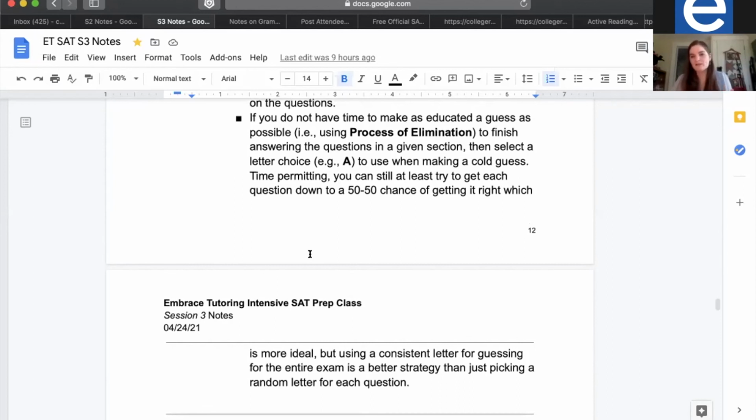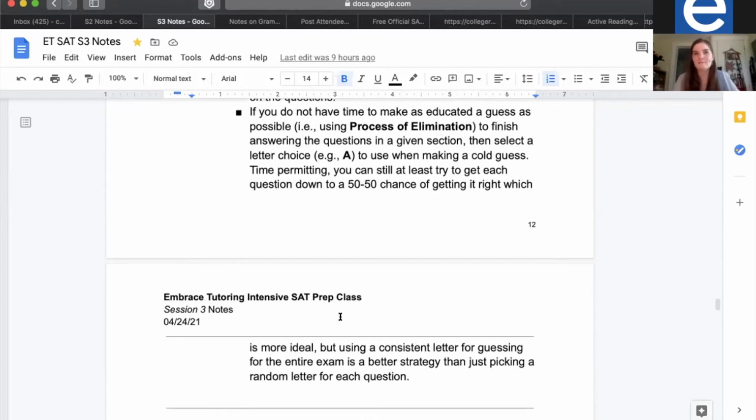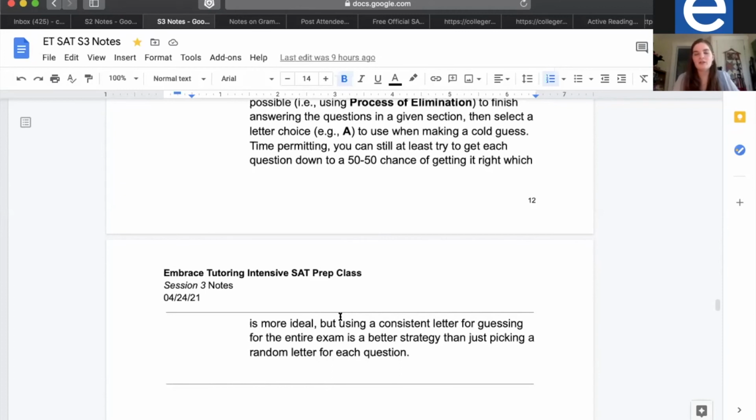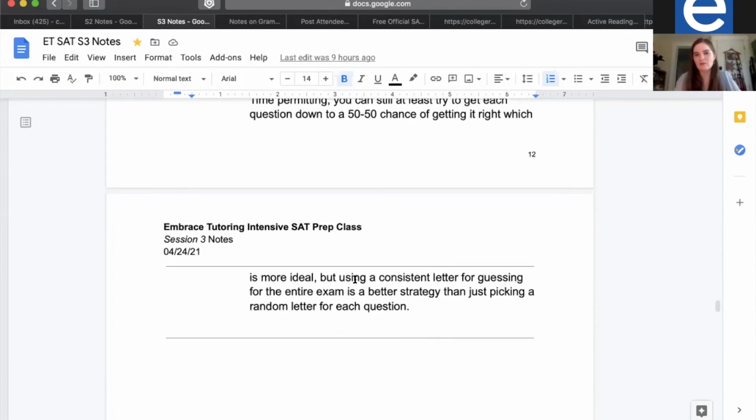If this is really a cold guess, where you don't have time to even read the questions, stick with one letter, A or B, for the entire rest of the exam. So choose a letter for the day and move on, because you're going to get yourself confused if you start picking other letters, if that's the situation you find yourself in.